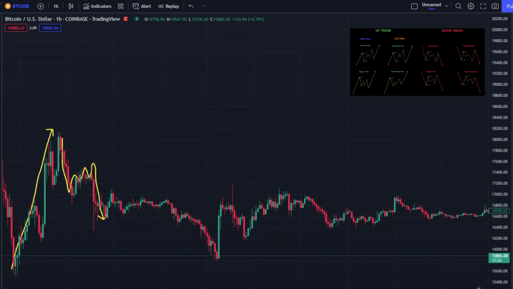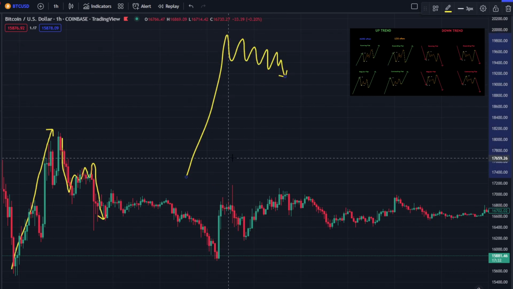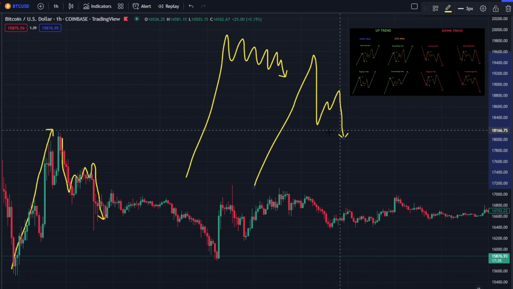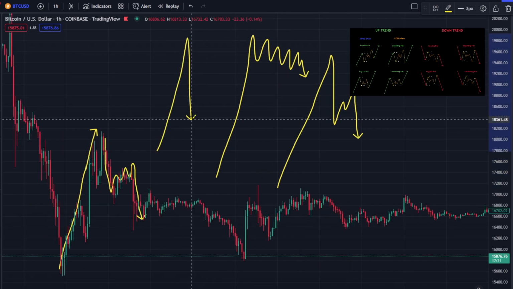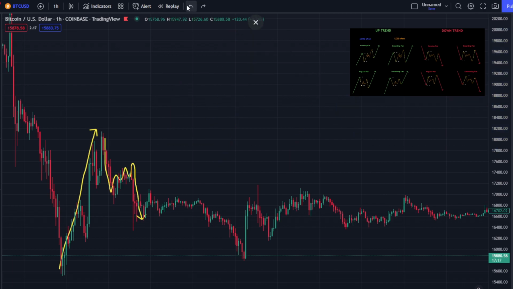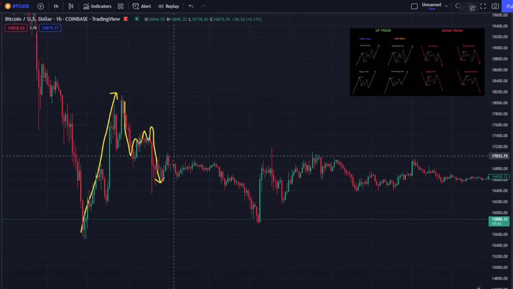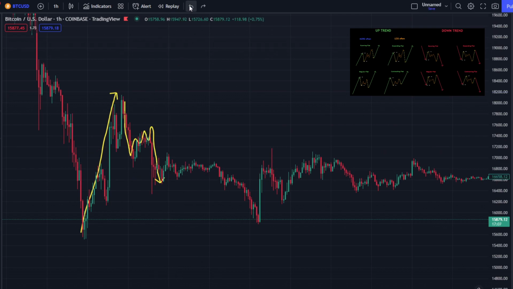Just like I was saying right now, an impulse with a small three wave correction at the top still has some chance to come and start a reversal compared to having an impulse and a correction that is pretty deep. So based off that, this pattern could have been a good buy setup to take and try to snipe a reversal. So this was a good setup to take.